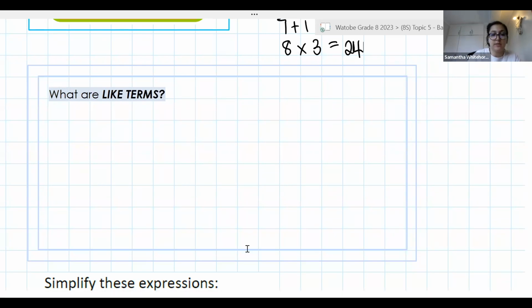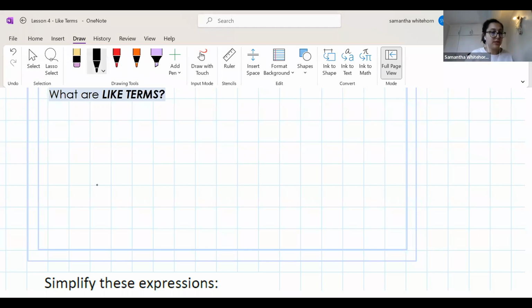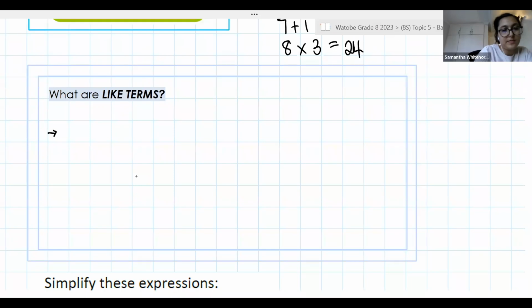Watobe, tell us. Watobe, you just need to unmute. Oh, there we go. Ma'am, aren't like terms terms that are alike? Ma'am, I don't know how to explain it.